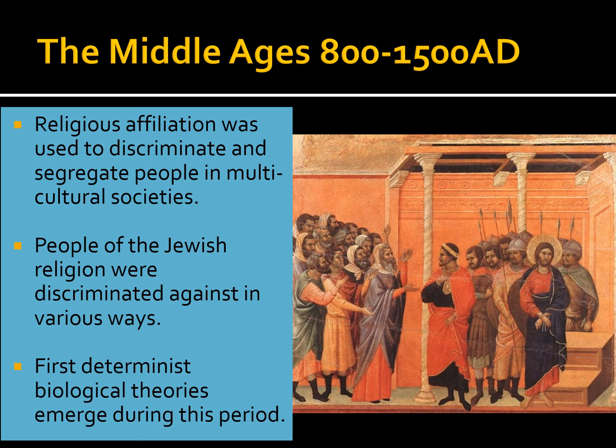This is where we first began to see these determinist biological theories emerging, with some religious writings talking about Jewish people as innately evil or more associated with Satan. This was really due to the antagonism between classic Judaism and this newer Christianity. But this is what Jewish people were facing: a lot of discrimination and segregation based on religion.